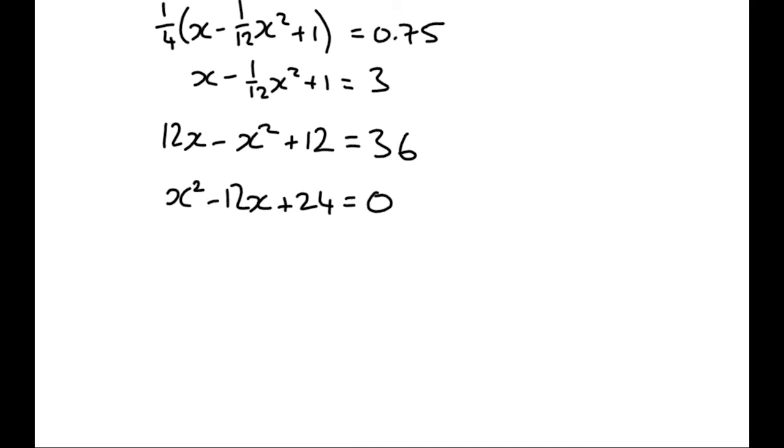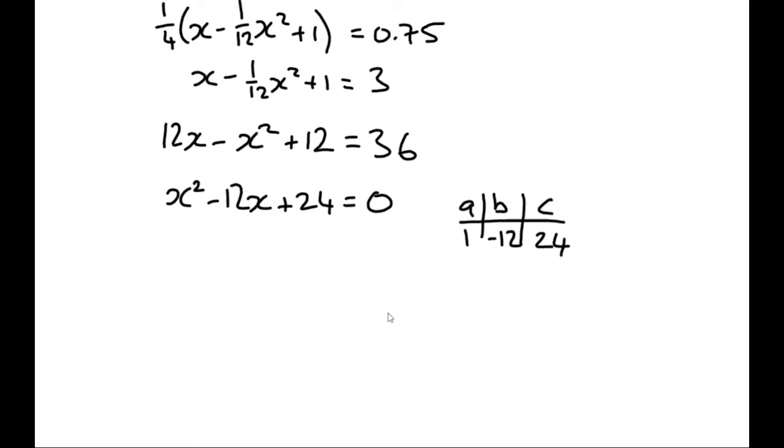Okay, at this point it's probably going to be the quadratic formula that's going to get us our answer. So that will go into our calculator with the corresponding coefficients, A being 1, B is -12, and C is 24.